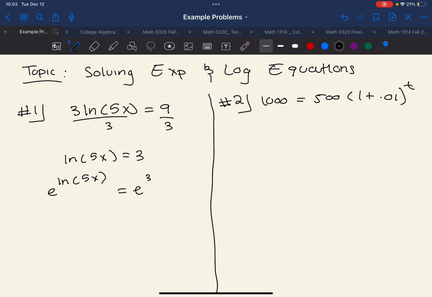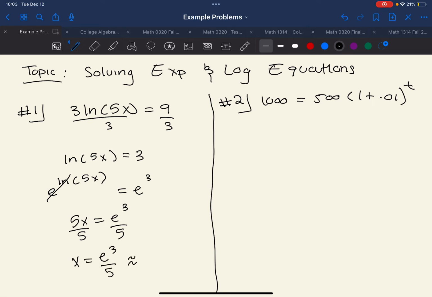The equation that we had now became exponents to e. What's going to happen now is that e and natural log are going to cancel, and we're going to have 5x is equal to e cubed. Remember, e is just a number on our calculator. So to solve for x, we're going to divide by 5. So we have x is equal to e cubed divided by 5.